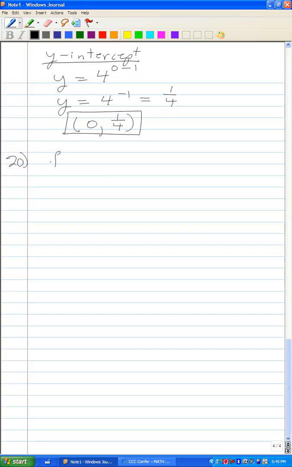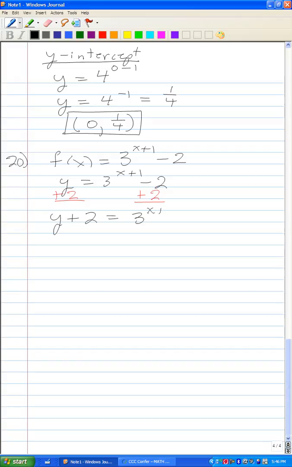Let me do problem number 20. f of x equals 3 to the x plus 1, minus 2. Okay, so let's replace f of x by y, and let's add 2 to both sides of my equation. So I get y plus 2 equals 3 to the x plus 1.